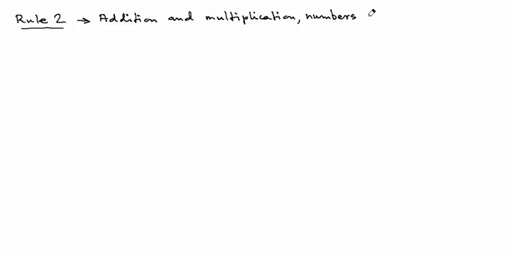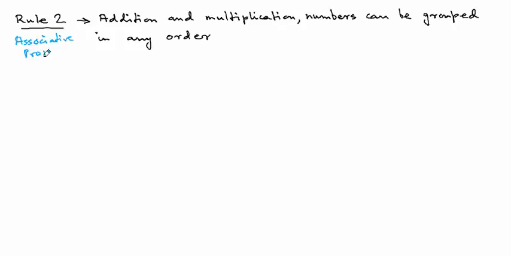The numbers can be grouped in any order. And that actually has a name to it. It's called the associative property of addition and multiplication.